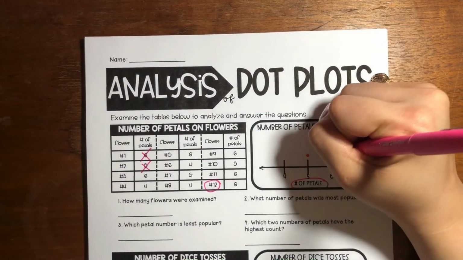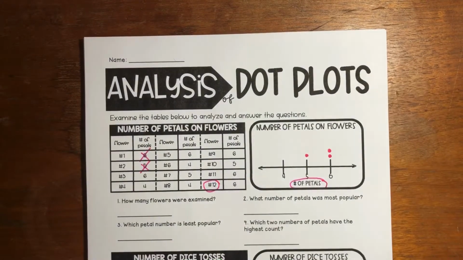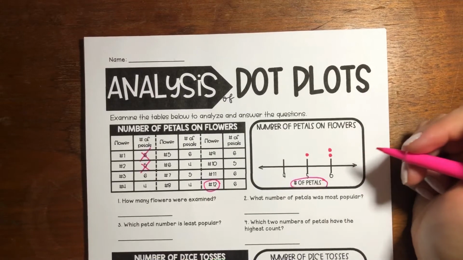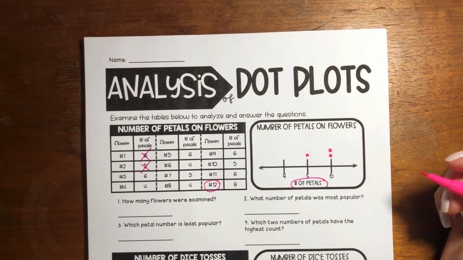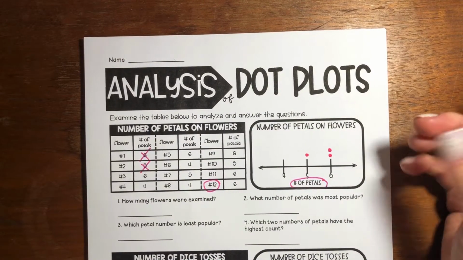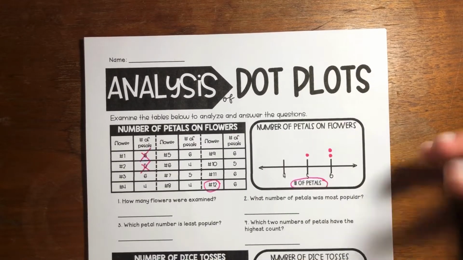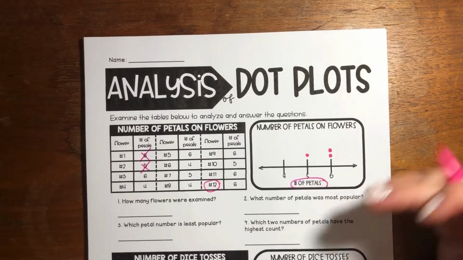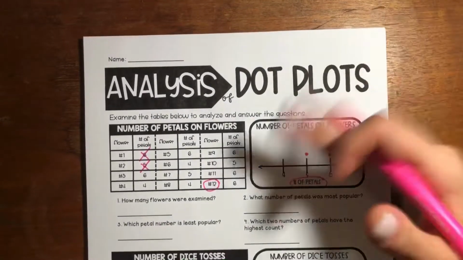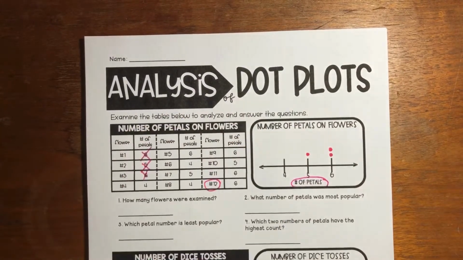Flower number 3 had 6. So when you add another dot, you're going to go right on top. It's important that your dots are similar in size and that you don't make them too large. You want to be able to see what you are plotting, but you don't want it to go above and beyond where your dot plot is.